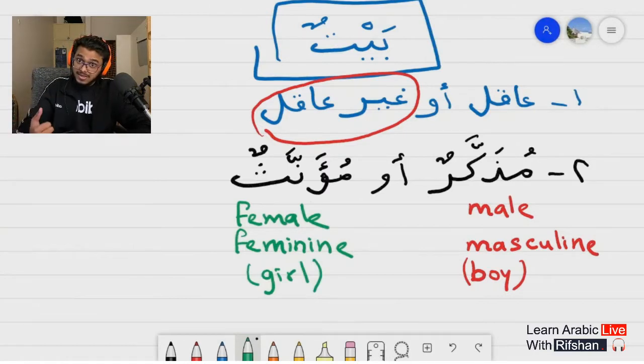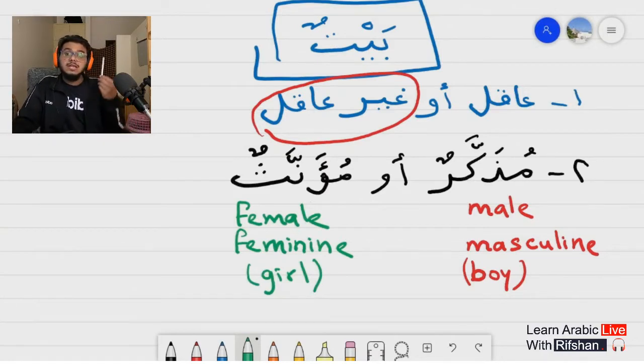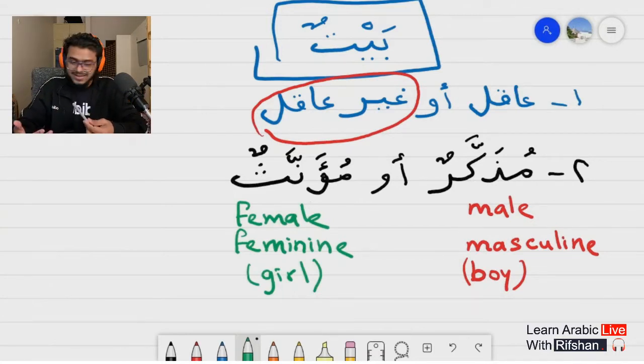In Arabic, every word is either mudhakkar or muannath. Generally speaking, every single word in the Arabic language could be categorized as mudhakkar or muannath. In English, for example, the word pen: is it masculine or feminine?